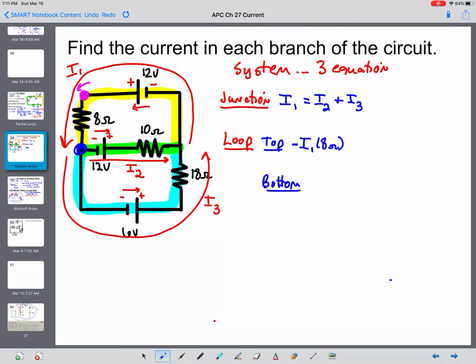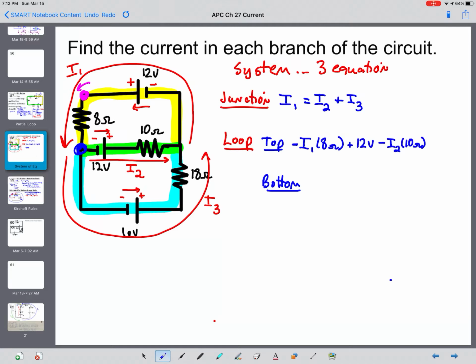When I get down to the blue dot, I take a right and go through the 12-volt battery from negative terminal to positive terminal, so that's an increase of 12 volts. I continue across and run into the 10 ohm resistor, moving in the direction of I2, so that's going to be a drop, I2 times 10 ohms.